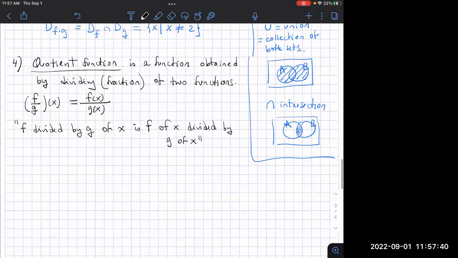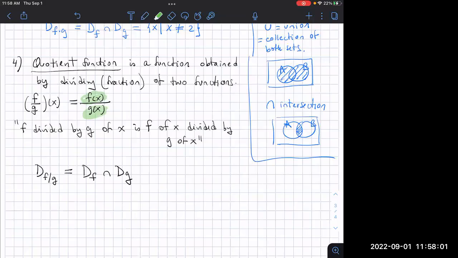So the domain, there is an extra condition here. The domain of the quotient, because we have a quotient, we start with the domain of f intersection domain of g, right? Because I have to be able to get a number in the numerator and a number in the denominator.